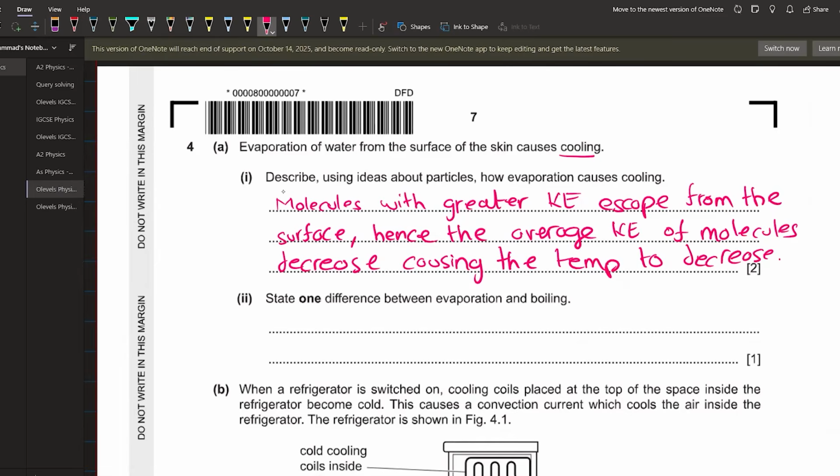Simple. State one difference between evaporation and boiling. Evaporation और boiling के बीच में एक difference हमने बताना है. What is the difference that we can tell?